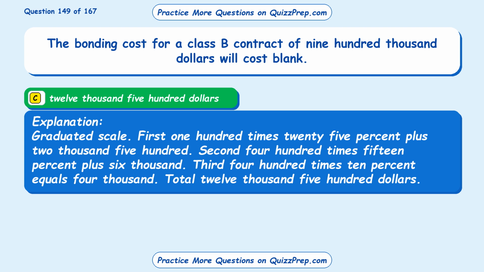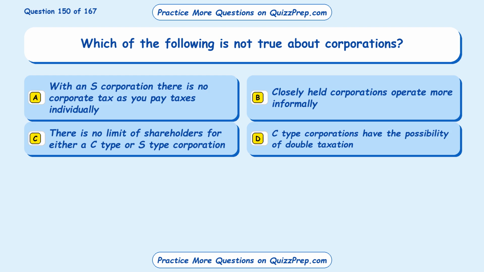Graduated scale. First 100 times 25% plus 2,500. Second 400 times 15% plus 6,000. Third 400 times 10% equals 4,000. Total $12,500.